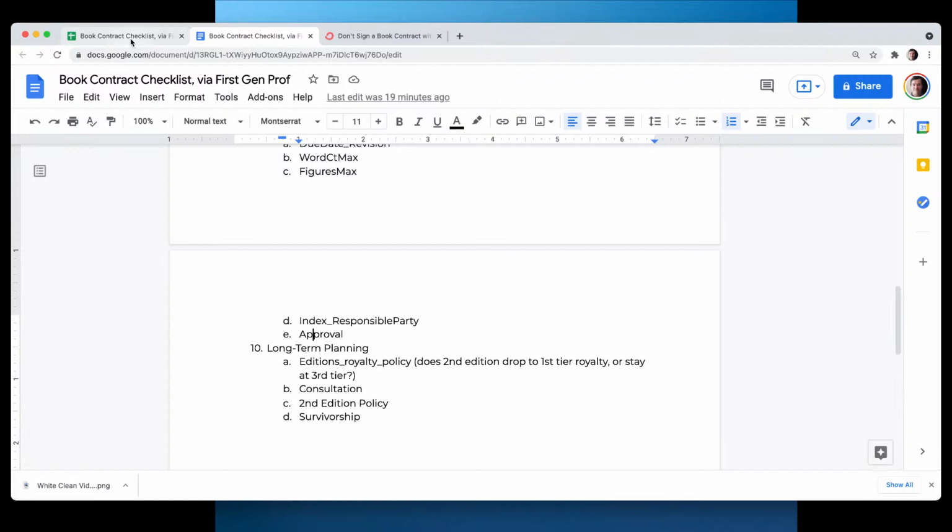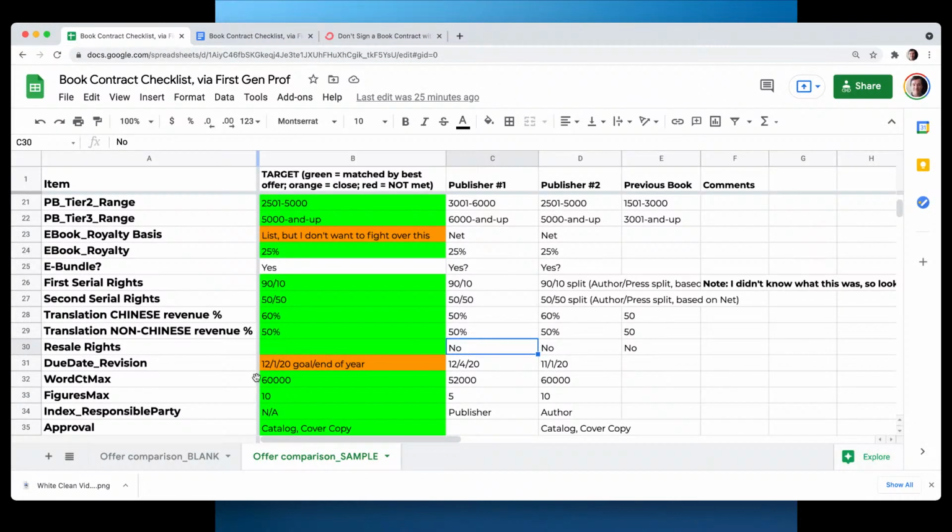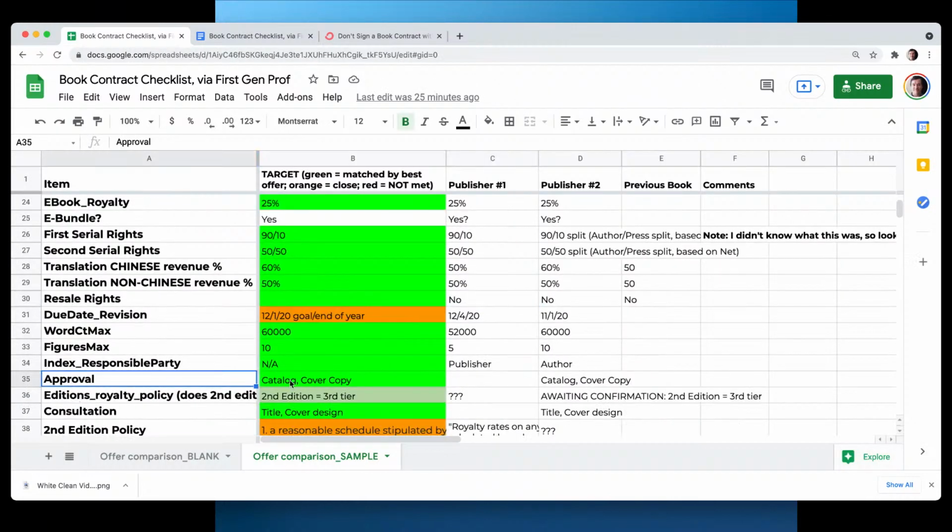But where you may want to ask about this, so here you see that approval, in this case, actually not just book cover. I actually have a separate issue here, title, cover design, consultation. Do I have the final approval of the title of my book, or is it just consultative with the title of the book?